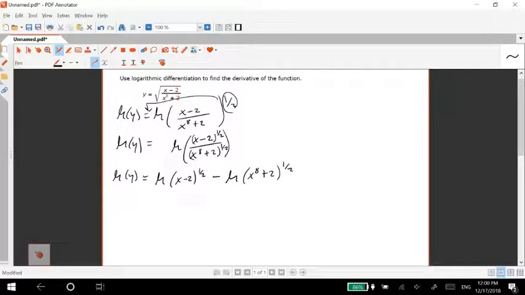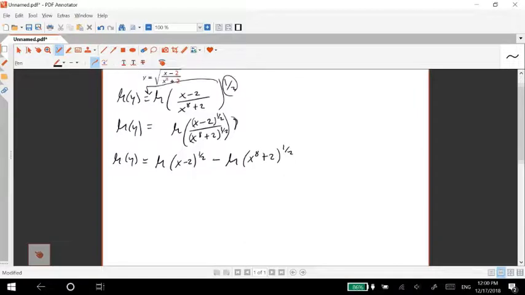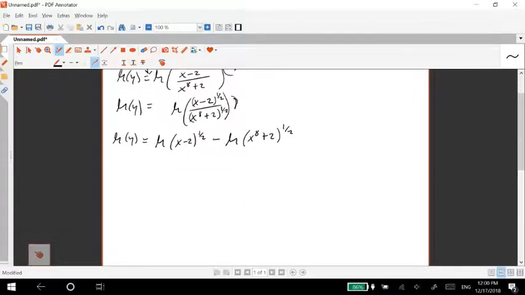So here we just used our division property with logs to turn that into subtraction. And then we can bring our 1/2 out front. So really it didn't make any difference. But as we can see, we've gone from quotient rule and chain rule to something much easier.